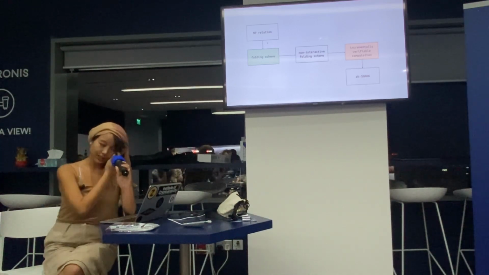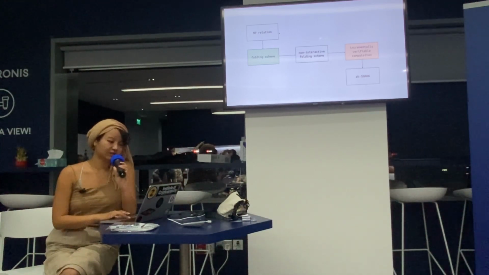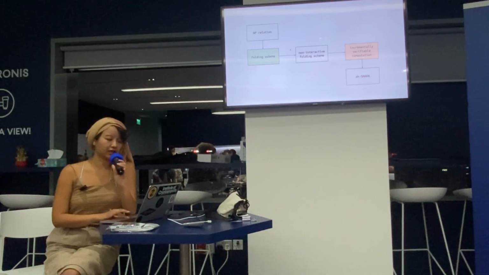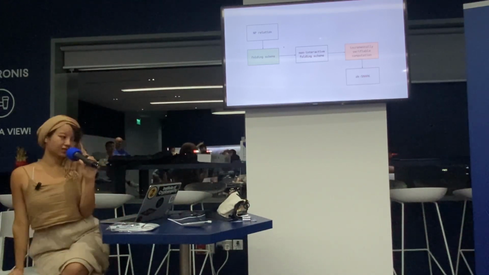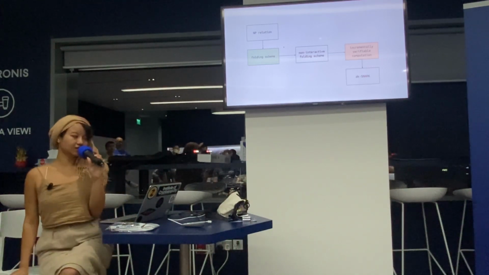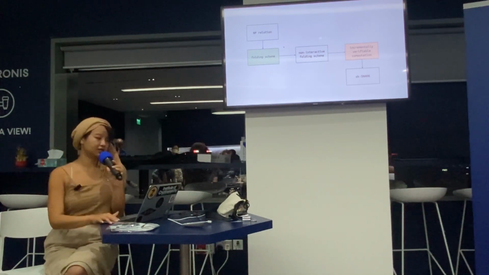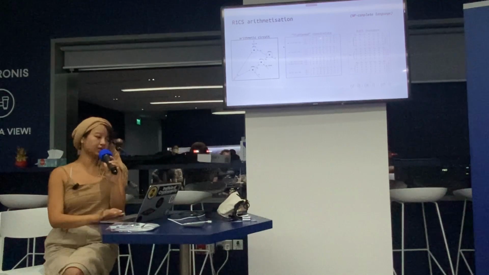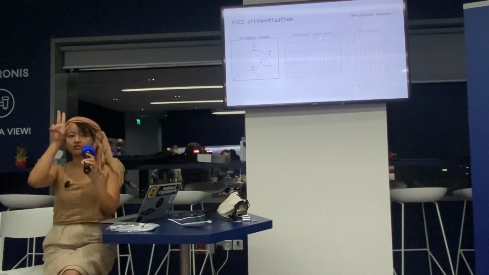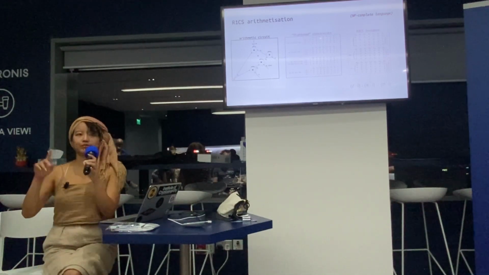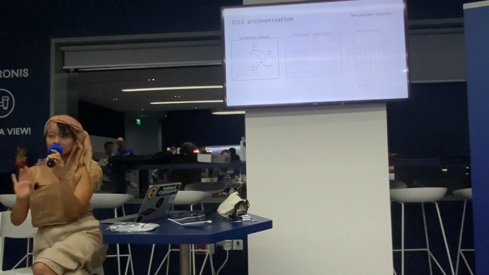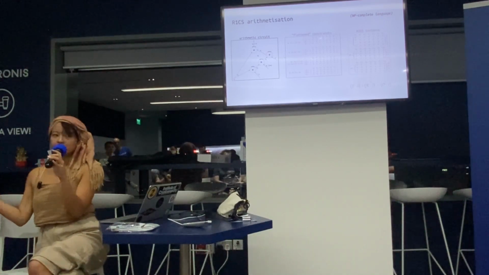And R1CS gave it this very, very nice and simple folding scheme. However, it has its restrictions. So for example, R1CS can only represent degree 2 constraints. Yeah, A times B, quadratic. It can't do higher degree.